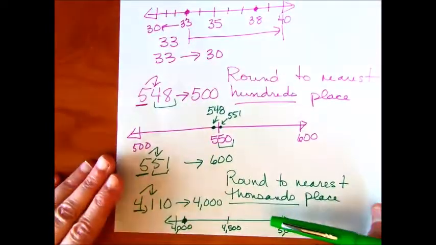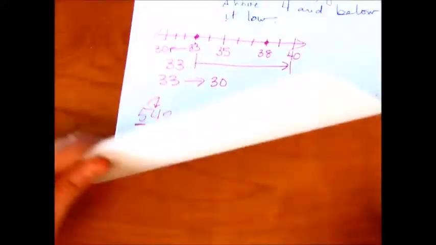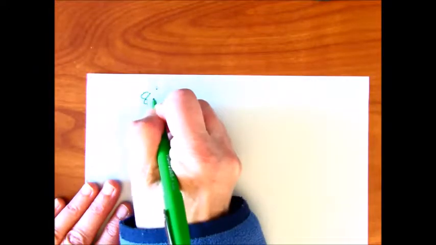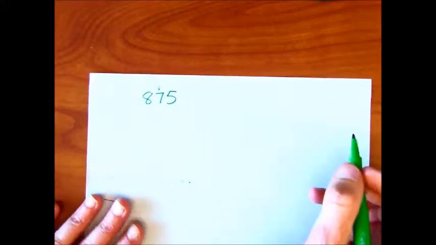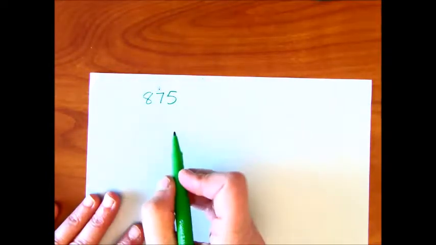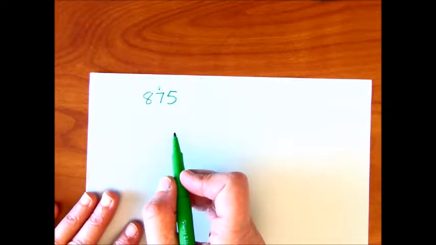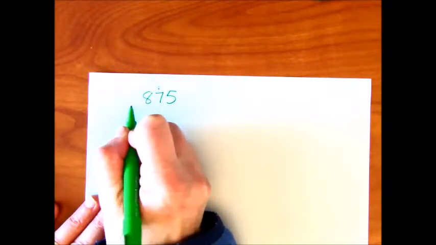Let's do one more that might be a little tricky for you. Okay, so let's say we're going to round to the nearest thousands, but I don't have a 4-digit number. Instead, I have a 3-digit number. Now, again, we want to identify the indicated place where we're going to be rounding, which is the thousands place.